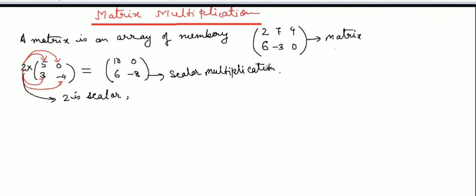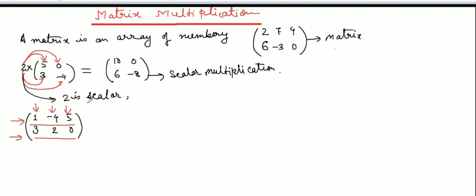Now let's understand rows and columns of a matrix. If I take 1, 3, minus 4, 2, 5, 0, this way, here we have 1 and 2 rows and 1, 2, and 3 columns.